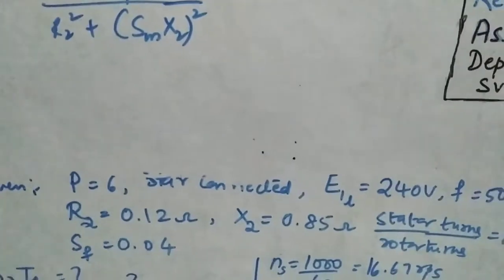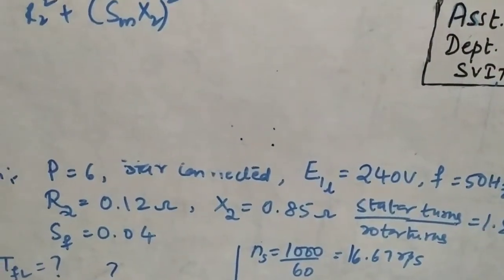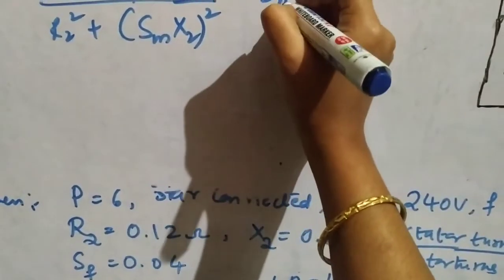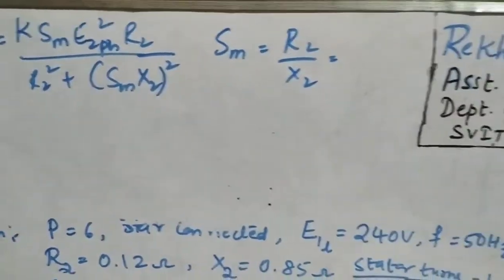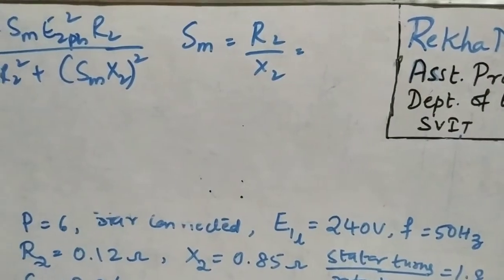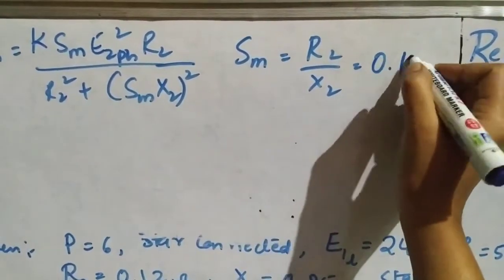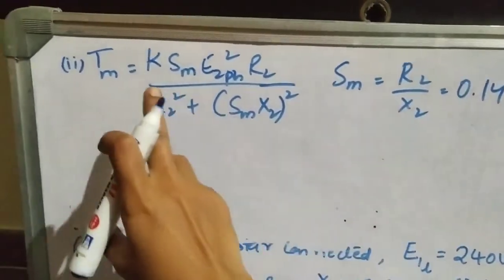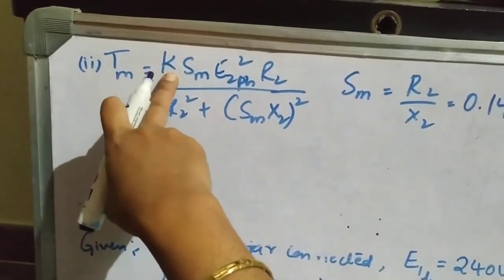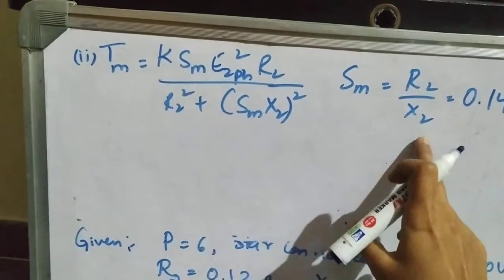So what is SM? SM is nothing but R2 by X2, which leads to 0.141. Now after substituting here, same thing, 3 divided by 2 pi ns, and instead of S you substitute SM as 0.141.